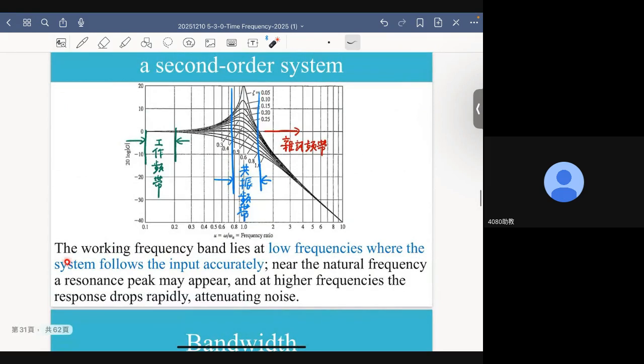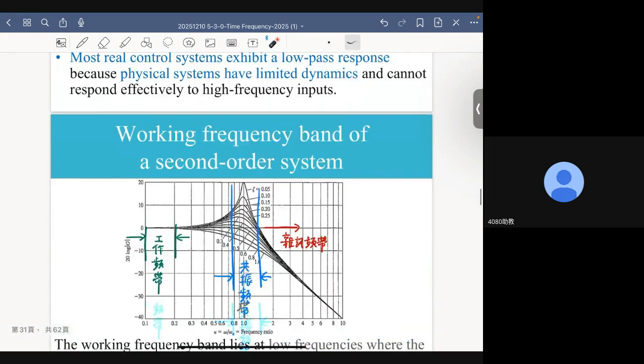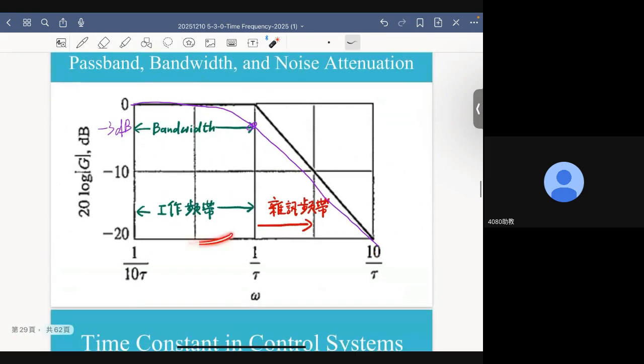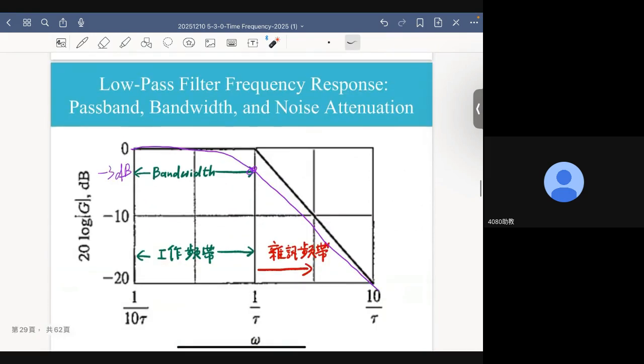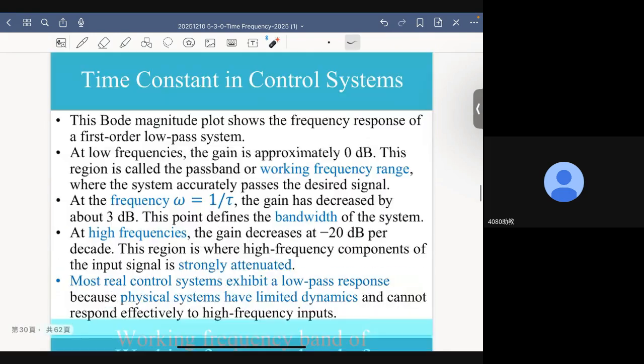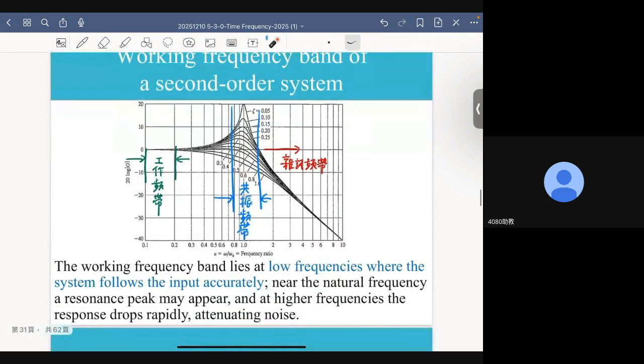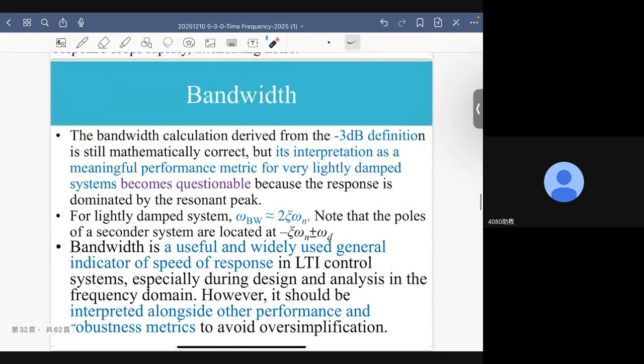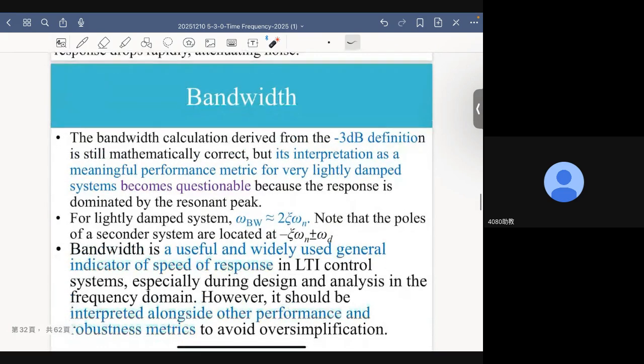Now for the second order system, this is a working frequency band for the first order system. All right. Now, for the second order system, the -3 dB definition is again not appropriate. Why is that the case?